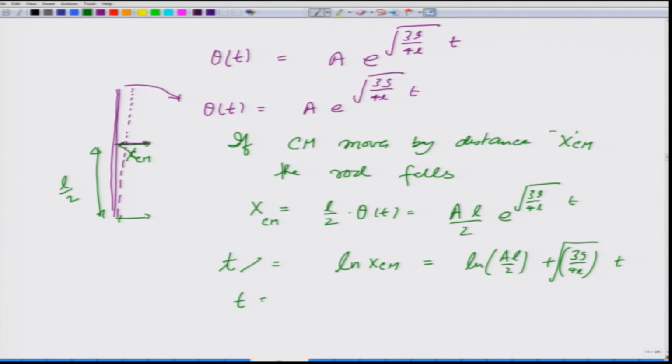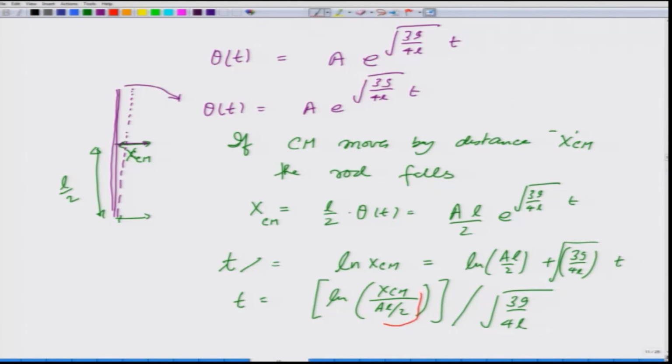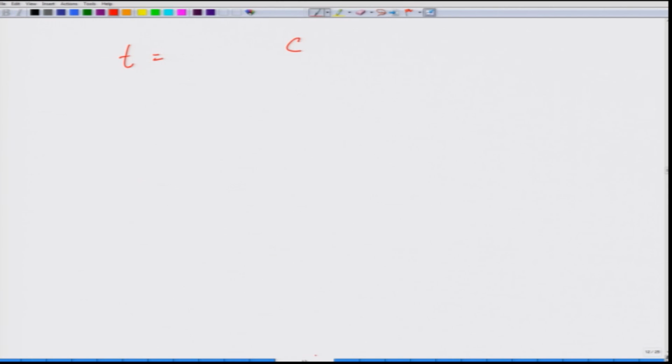So t is log of x Cm divided by aL by 2, divided by square root of 3g over 4L, and this gives me time equal to some constant, which is this log of x Cm by aL by 2, divided by square root of 3g over 4L, which is nothing but square root of 4L by 3g times a constant.